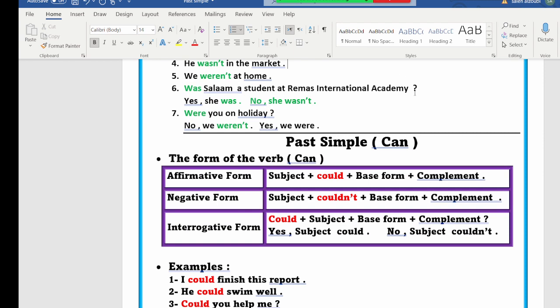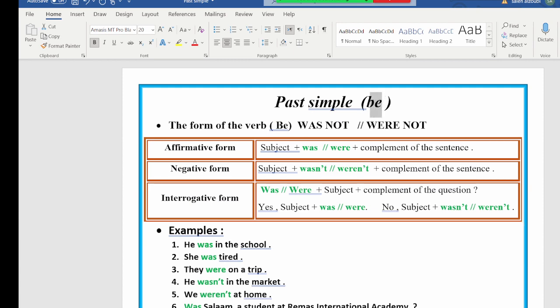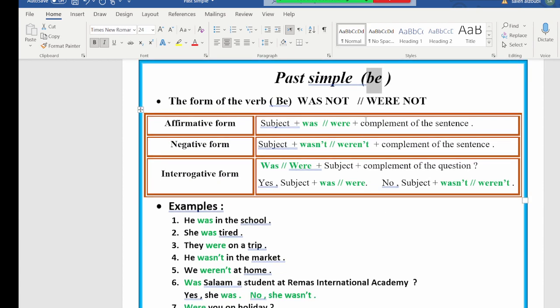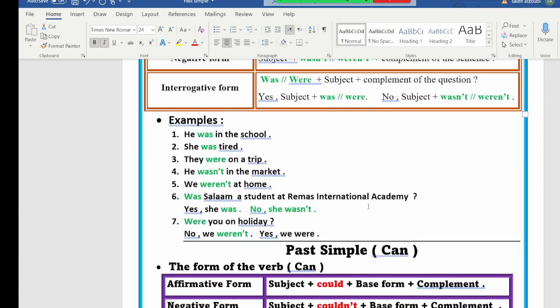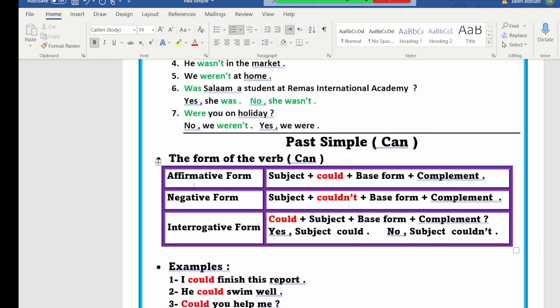Move to past simple with the verb can. Here we are talking about it as a main verb. The past simple of can. The form of the verb: affirmative, negative and interrogative.